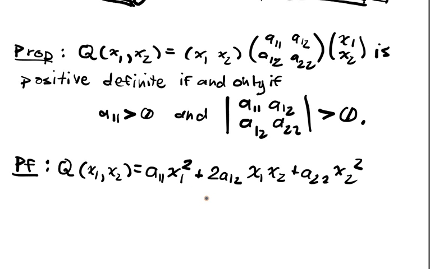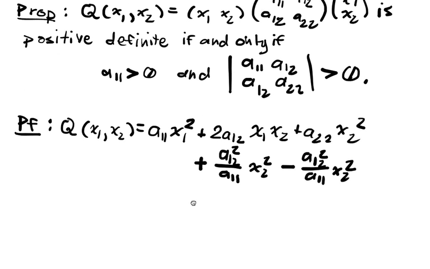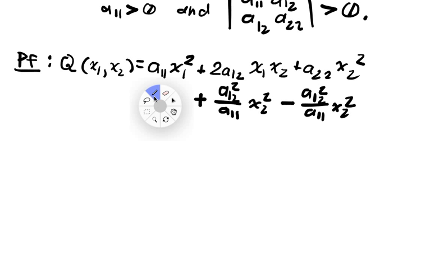So in order to complete the square, let me think here, how about we add a12 squared over a11 x2 squared, minus a12 squared over a11 x2 squared. And what does this get us in the long run?